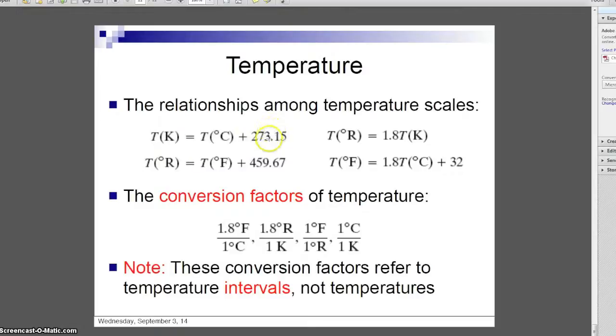And Fahrenheit is dependent on Rankine too. 0 Rankine is minus 459.67 Fahrenheit, so you have to add to Fahrenheit to obtain the Rankine temperature.